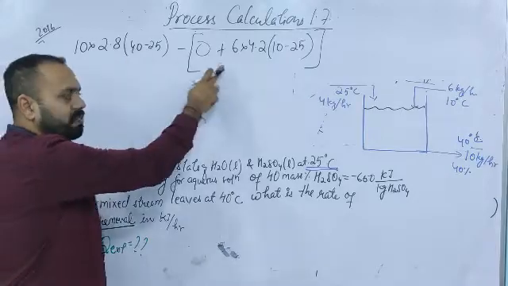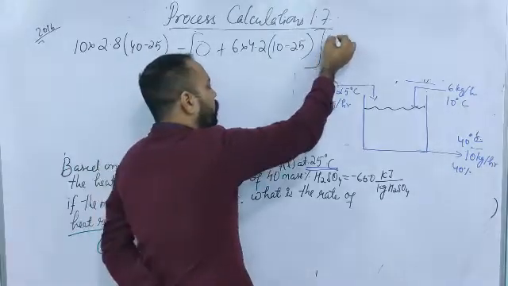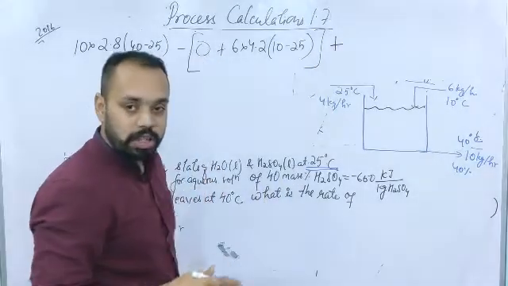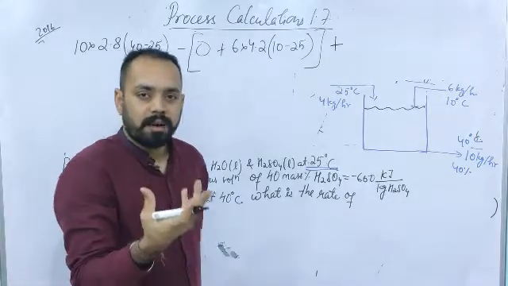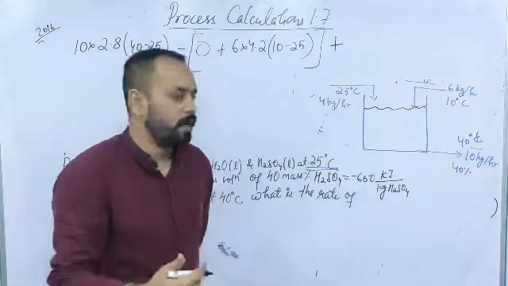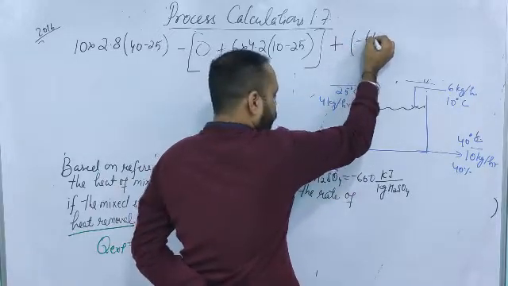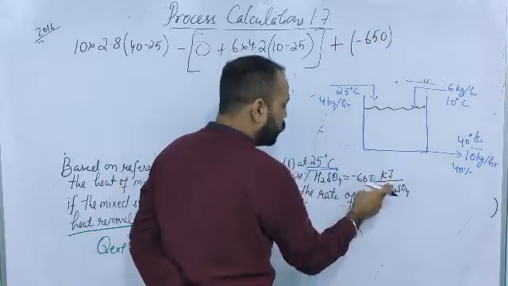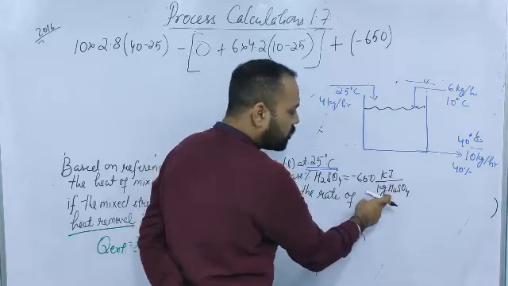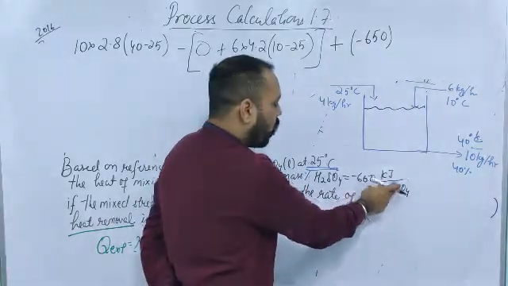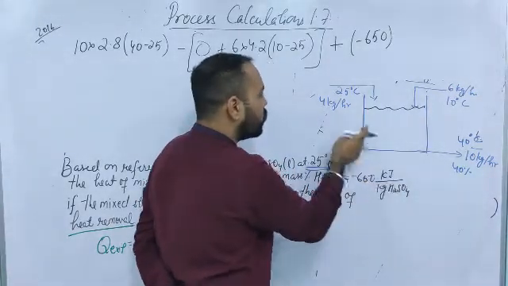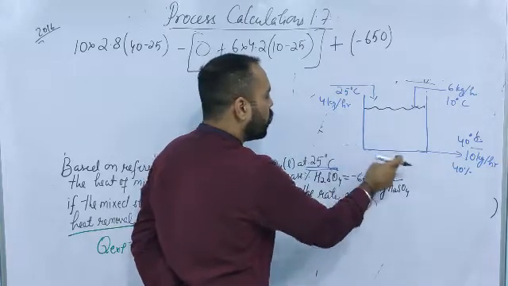Enthalpy out minus enthalpy in plus delta H of mixing multiplied by some terms which makes it energy by time. So what was delta H of mixing? Minus 650, and see the unit, kilojoule per kg H2SO4. So how many kgs of H2SO4 we have? 4 kg H2SO4 per hour.